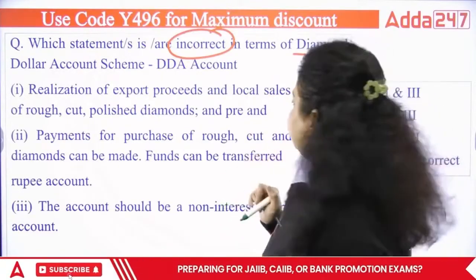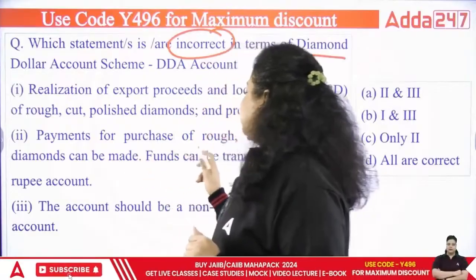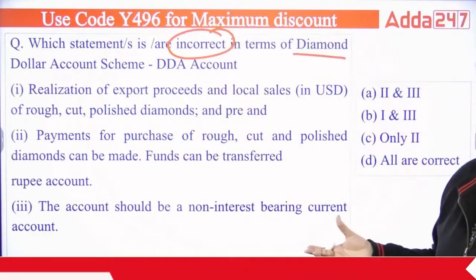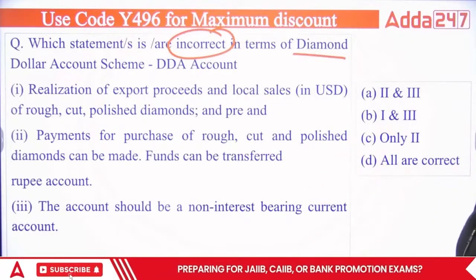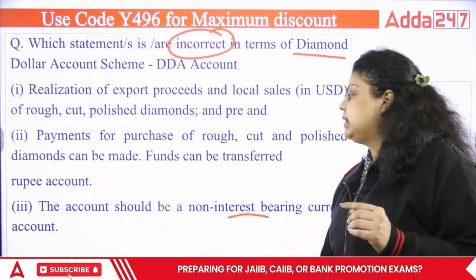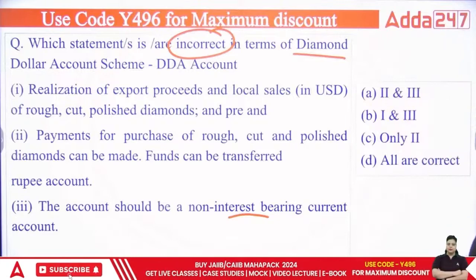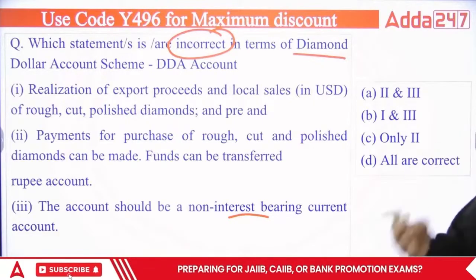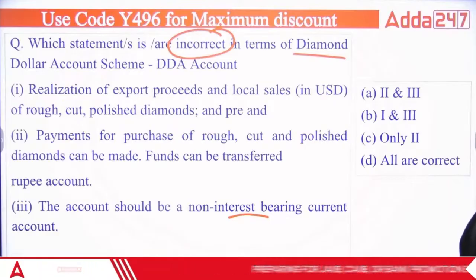Second says payments for purchase of rough, cut and polished diamonds can be made, and funds can be transferred to a rupee account. Third, the account should be a non-interest bearing current account. Which of the following is not correct in context to the Diamond Dollar Account scheme? A, B, C or D.